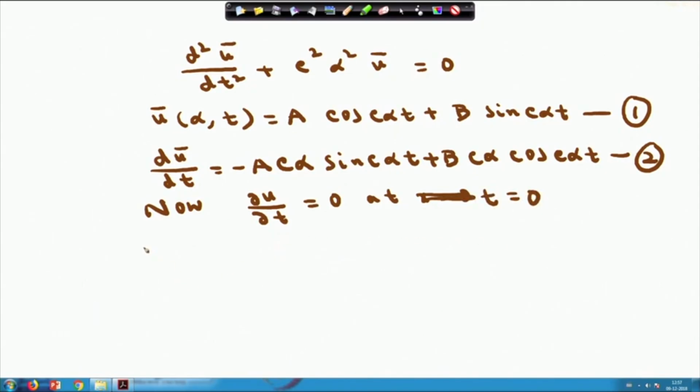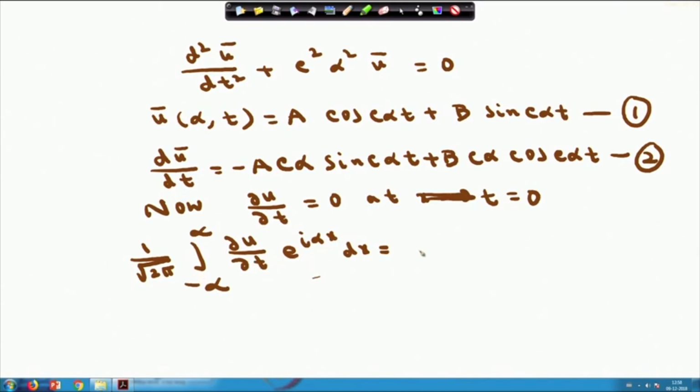So, what I can write down is 1 by root 2π, integral from minus infinity to infinity of ∂u/∂t into e^(iαx) dx. Since ∂t is there, but you are integrating with respect to x, this ∂t we can bring outside.